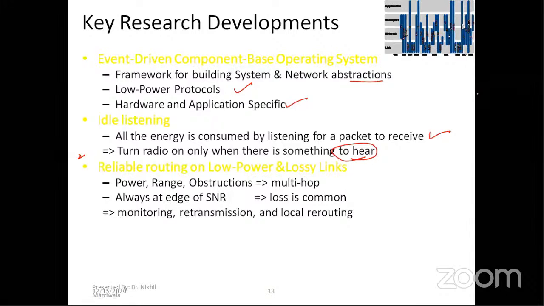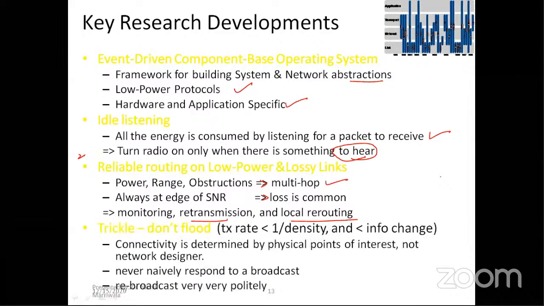So reliable routing on low power and lossy links. What is reliable routing? Power, range, obstructions are greater than or equal to the multi-hop. Always at the edge of SNR, that is also greater than or equal to loss in common, and we have monitoring, retransmission, and local rerouting, right? So these are the key research developments that have been done in the area of reliable routing. Trickle, or don't flood, right?